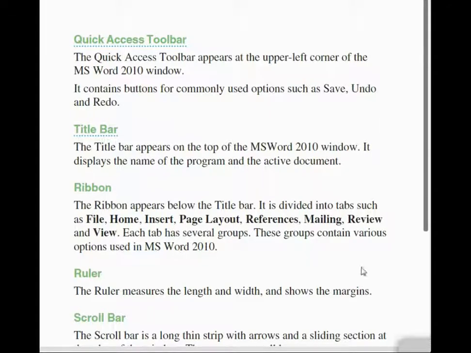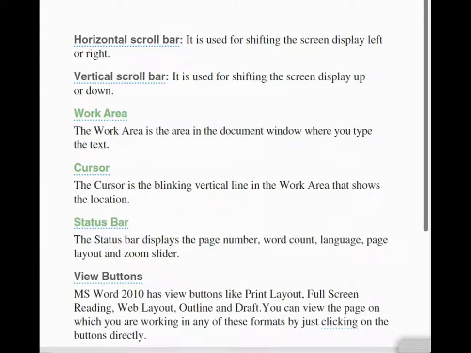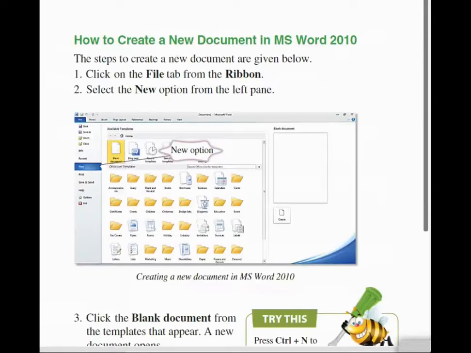Then we learnt what the components are and their uses in your previous video. Later on, we learned how to create a new document. First you have to click on the file option in the left top corner, and once you click on file, a drop down menu will appear.